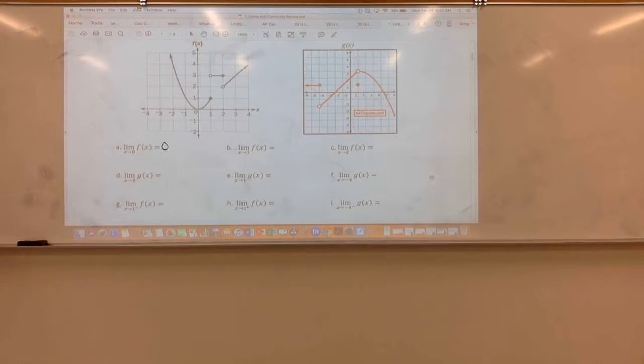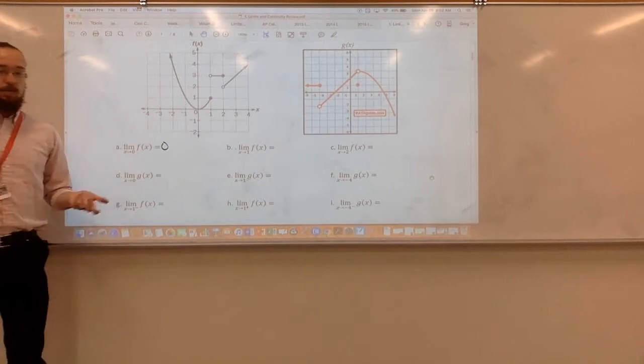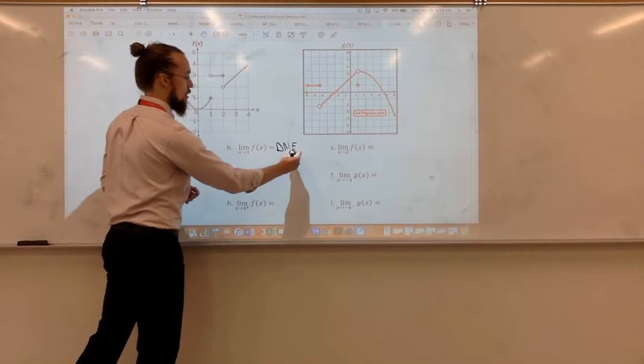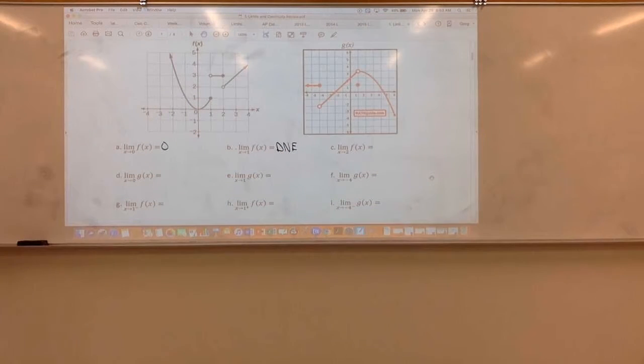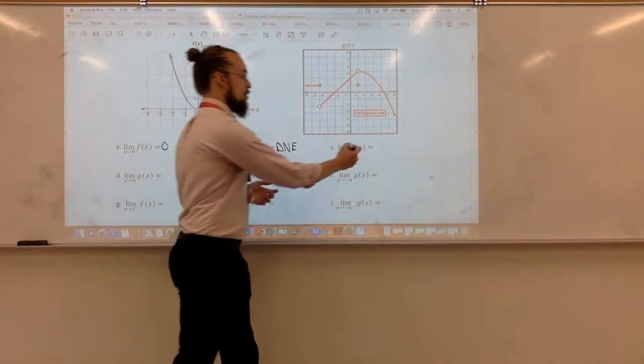As x approaches 1 for f of x. Doesn't exist, right? I'm approaching different values from both sides as I get closer and closer to 1. So here we would say this one doesn't exist. How about as x approaches 2 for f of x? Also doesn't exist, right? I'm approaching different y values from either side for this one.